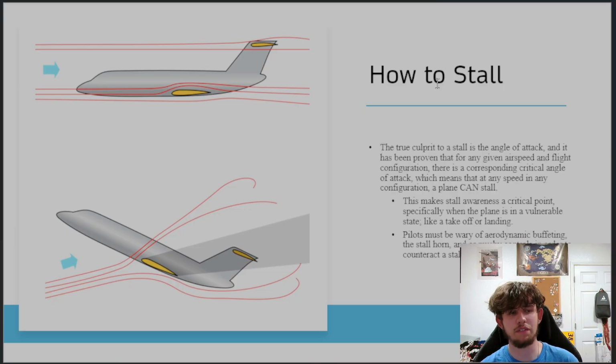Meaning you have to be very, very aware of what a stall feels like, how mushy the controls get, what the buffeting feels like, and even being aware of the stall horn, so you can correct for that high AOA as soon as it develops and not once it's too late.